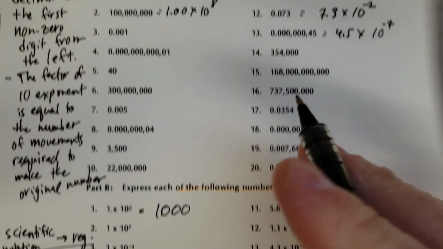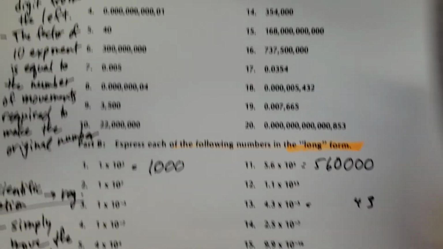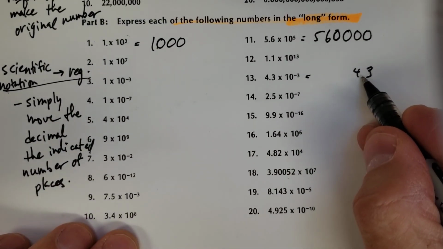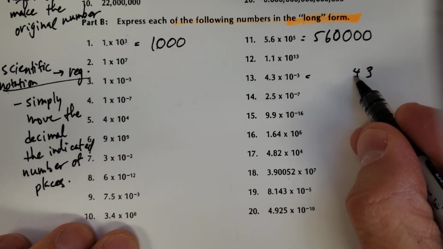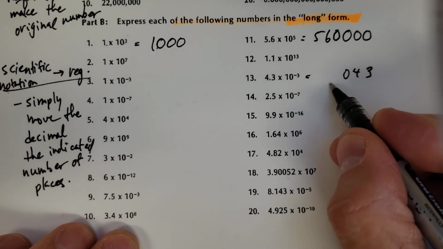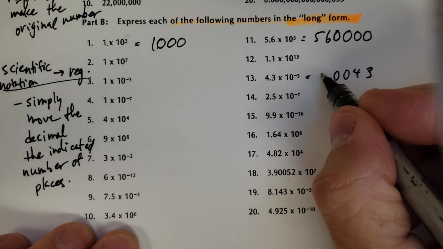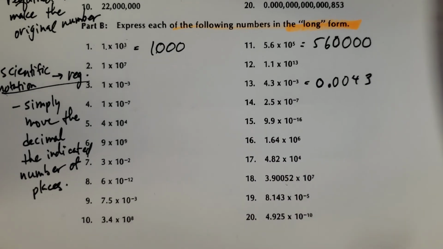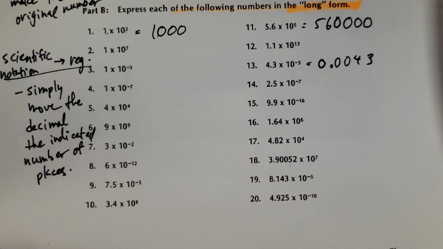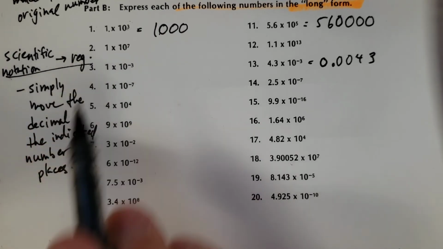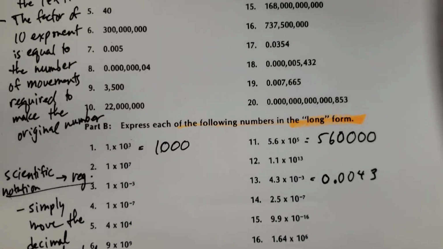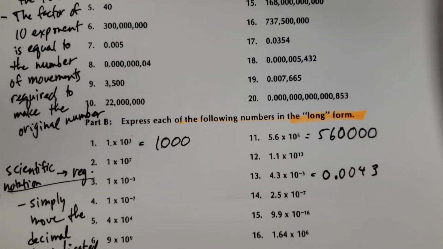So of course negative implies going to the left. So moving it to the left 3 places. 1, 2, 3. It would look like that. And usually it's common practice to put a 0 there. So that's how you do 1 to 20 on the bottom when we're going from scientific notation back to regular notation. All right, so you should be able to complete that whole sheet.